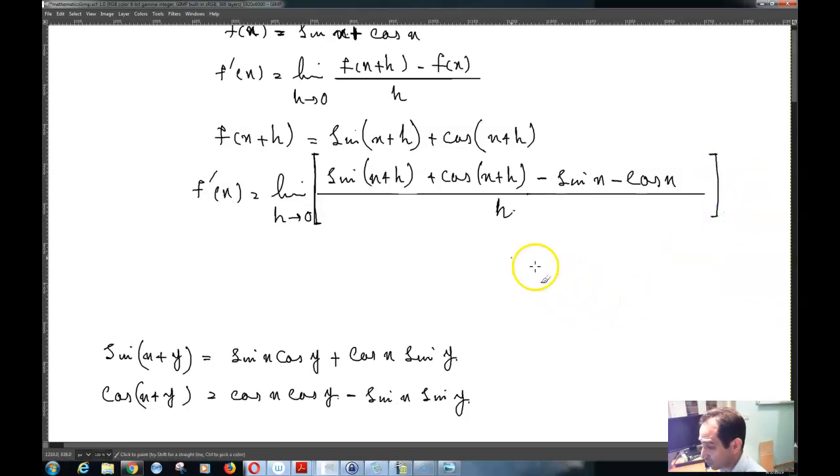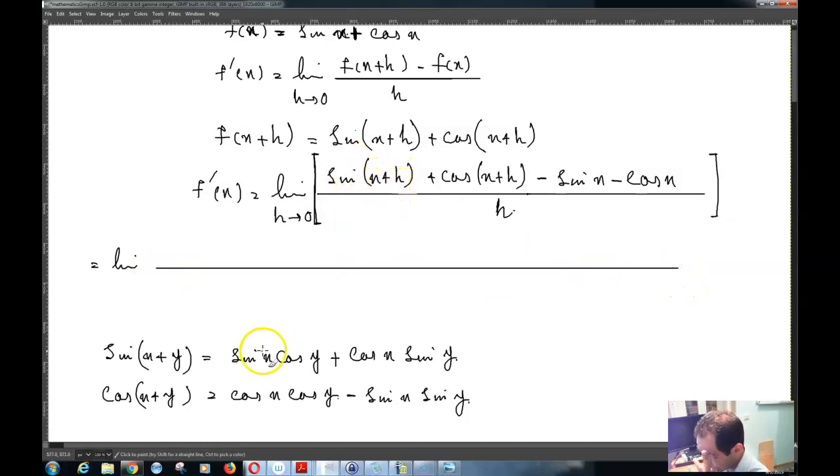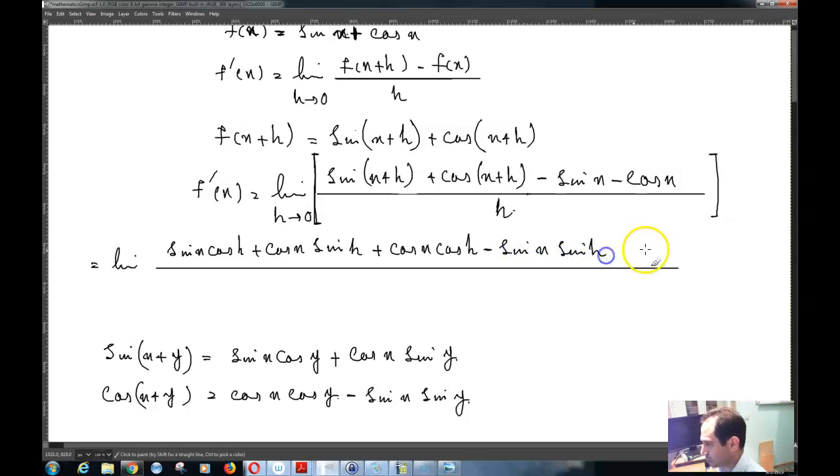So what you need to do here is that you can write this as the limit of basically sine x plus h is sine x cos h plus cos x sine h, and cos x plus h is equal to cos x cos h minus sine x sine h, minus sine x minus cos x, over h as h tends to 0.